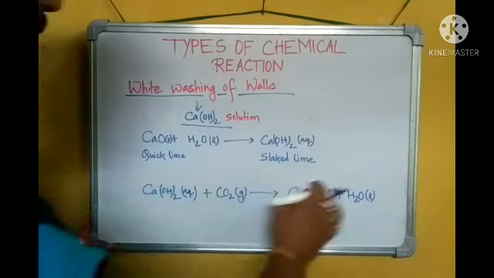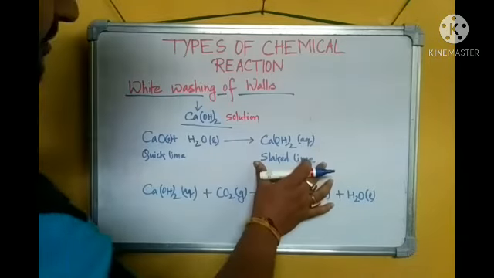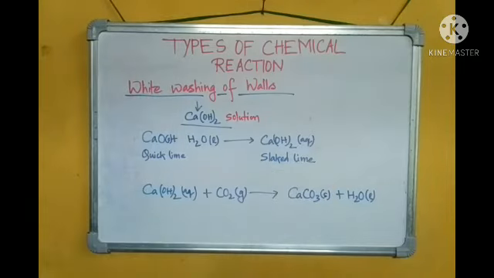So this is the thing we require. Once we get calcium hydroxide from this reaction, that is, we take solid calcium oxide and pour it in water, we get calcium hydroxide solution. This calcium hydroxide solution is used for whitewashing.